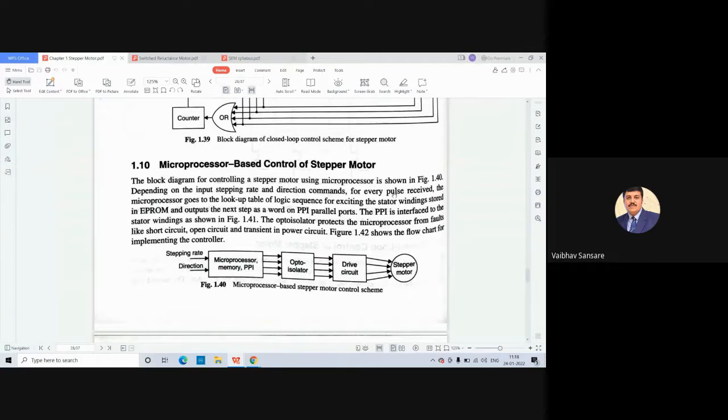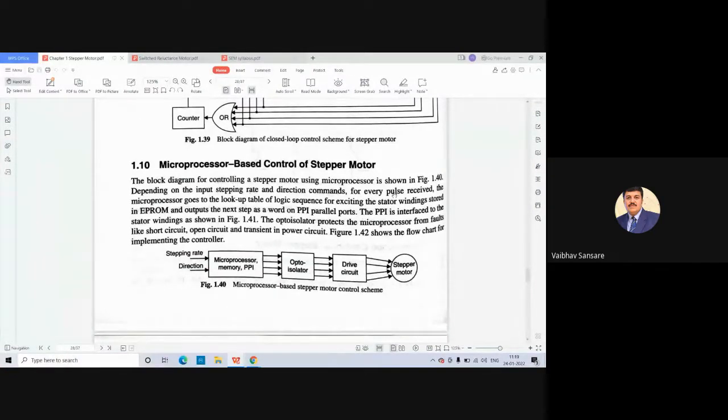According to that program, the microprocessor goes to the lookup table for the logic sequence of excitation, and accordingly the different phases of the stepper motor stator get excited, and we obtain the desired step angle and desired stepping frequency. For every microprocessor based control strategy, the general block diagram is as shown in figure 1.4.